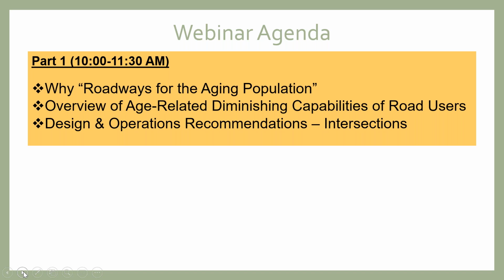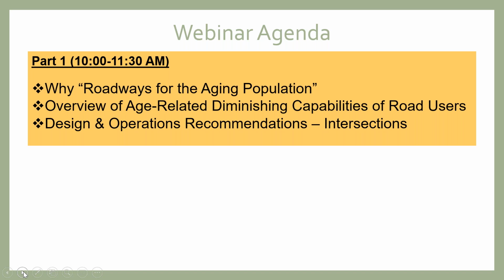We're going to cover the topic of why this course and why the Federal Highway Administration Handbook on designing and operating roads for the aging population. And we'll review some of the age-related capabilities that typically diminish as we age, and how that influences choices that we can make as roadway designers and operators, transportation practitioners.